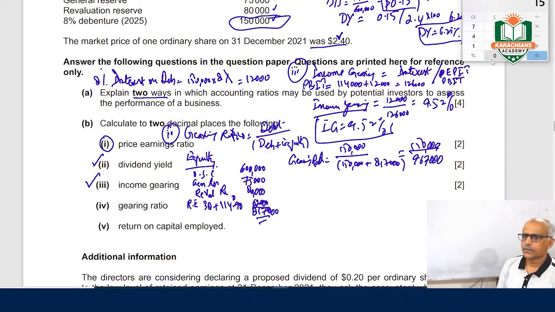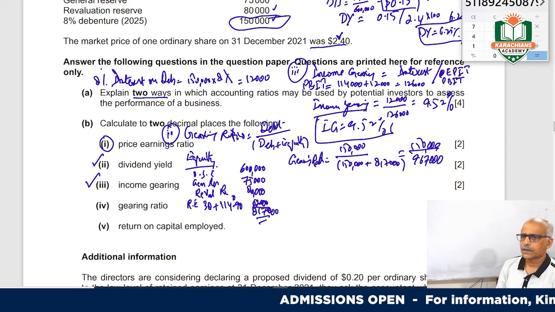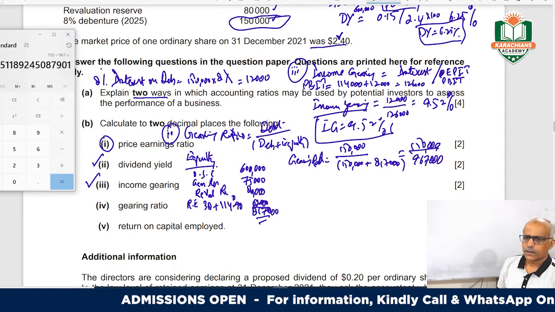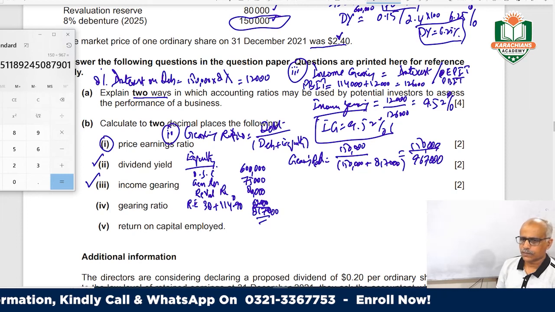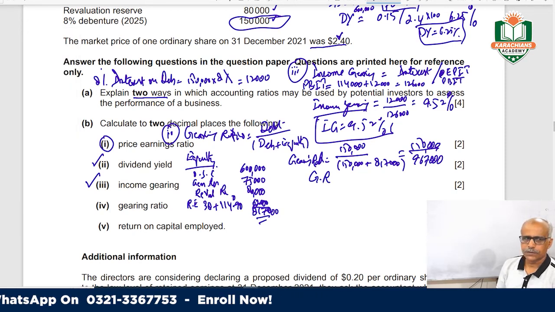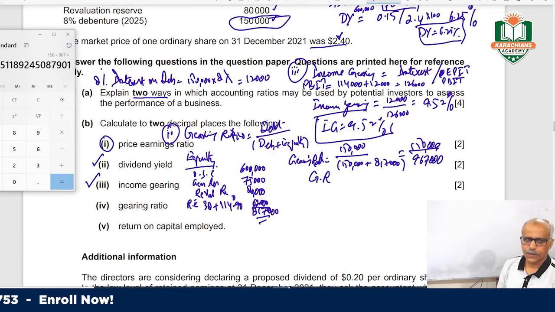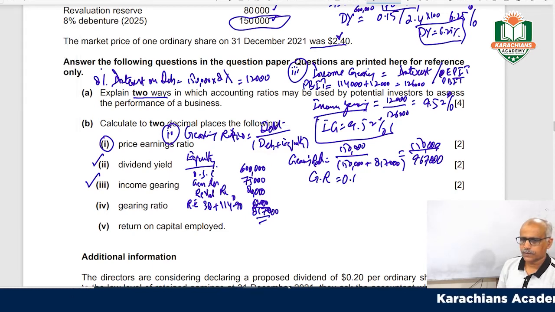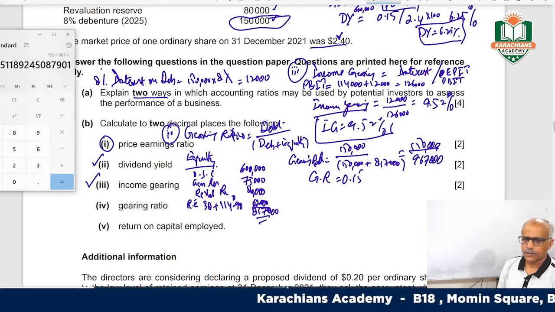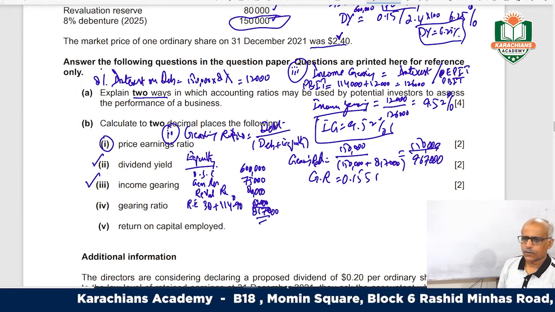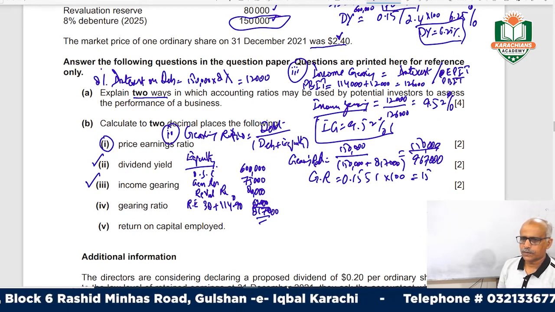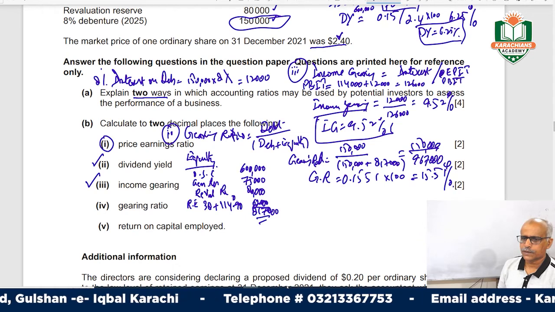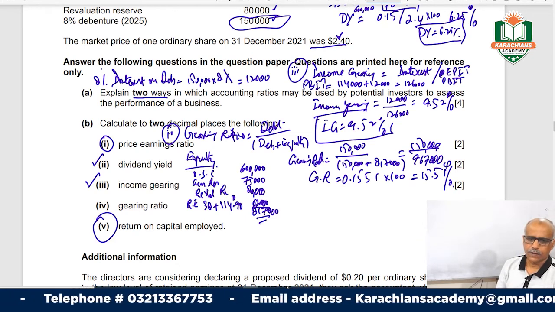Okay, then 150 divided by 967, which is 0.1551. So the gearing ratio is 0.1551, or you can say 15.51%. So we are done with this.